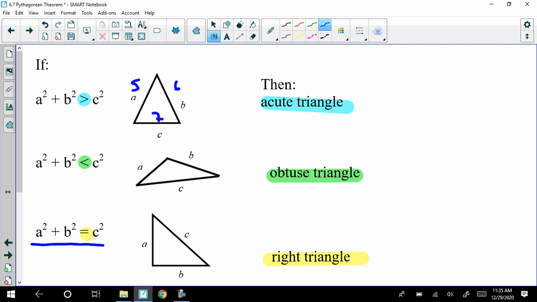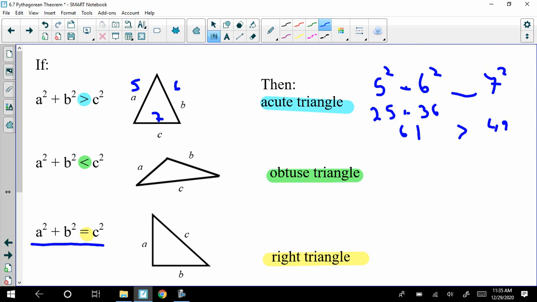So if I were to do 5 squared plus 6 squared and compare it to what we get with 7 squared, we get 25 plus 36, so we get 61. 7 squared is 49.